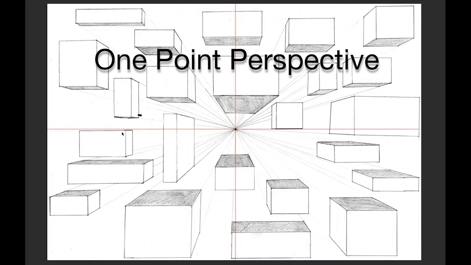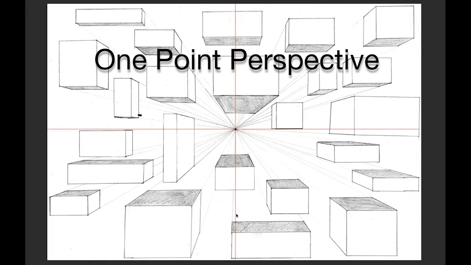So the 1 point perspective is where everything comes from 1 point. You have a vertical line that goes right down the center of your paper, and you have a horizontal line. Wherever you turn your head and look, there's a vertical line.